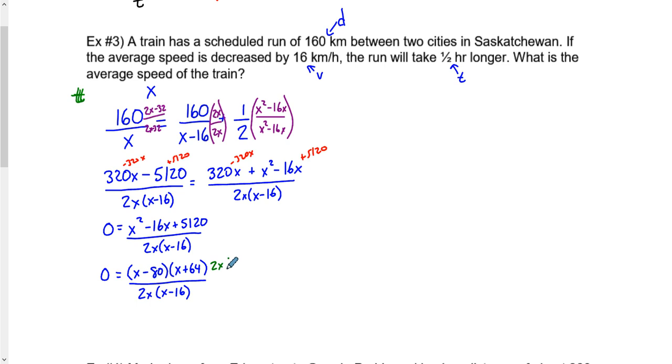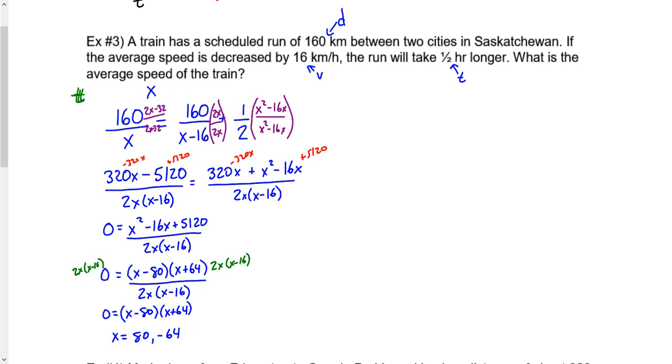Get rid of my denominator. So x subtract 80 and x add 64. Two solutions, 80 and negative 64.